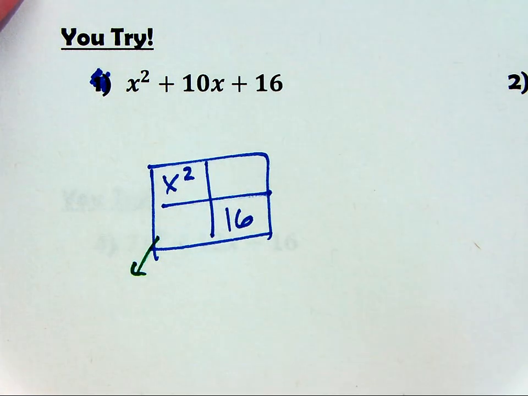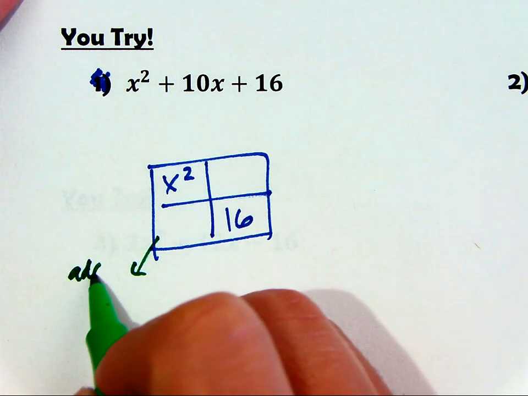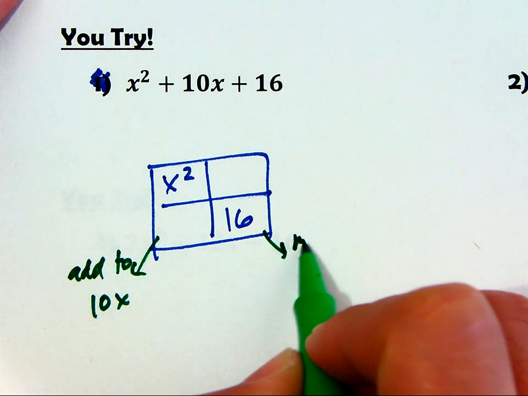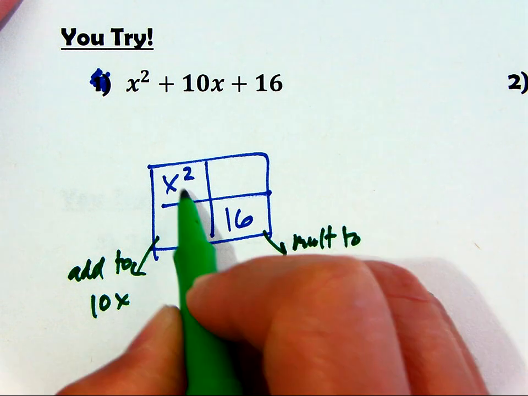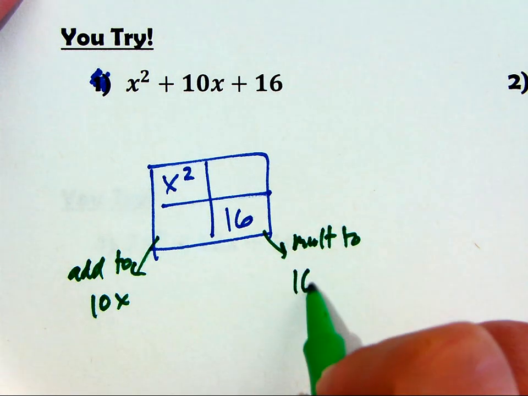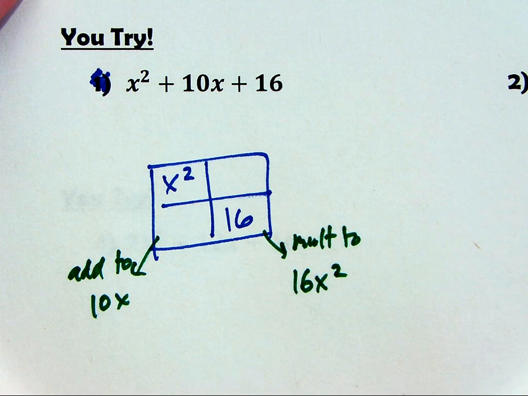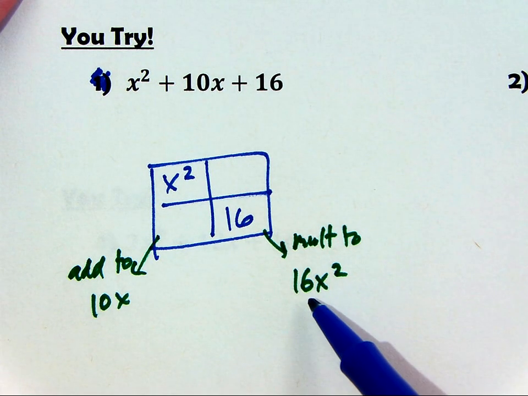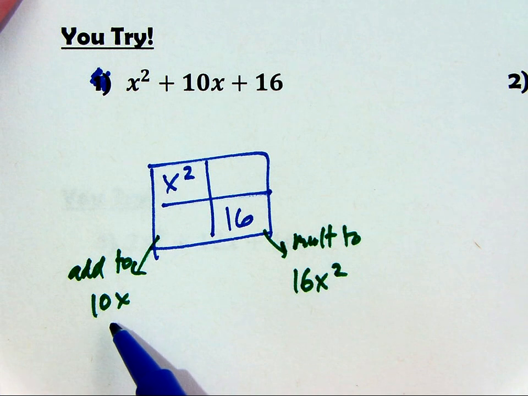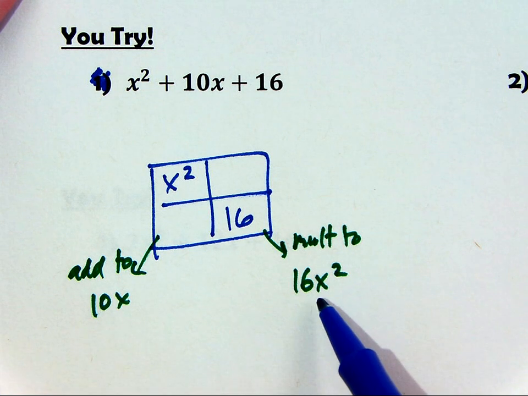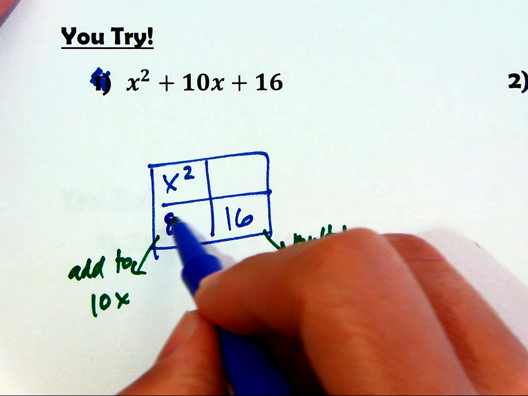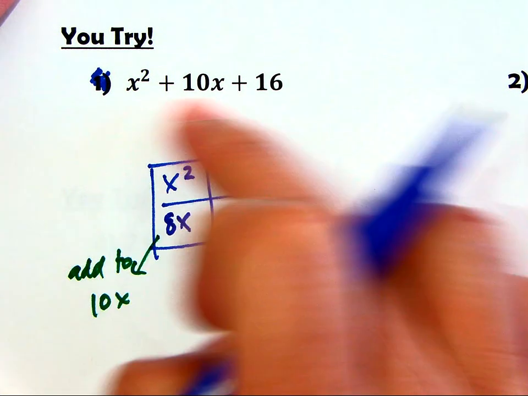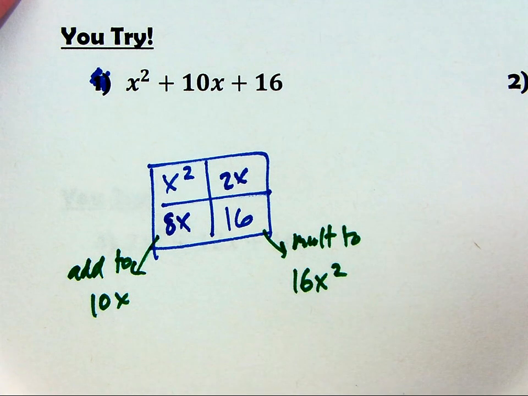Those 2 empty diagonals have to add up to make 10x, and they have to multiply to make the same product here, which is 16x squared. So let's see, what could it be? 4x times 4x? No, that's not going to make 10. 8x and 2x? Yeah, that's it. Let's fill it in, and then work on completing the outside.